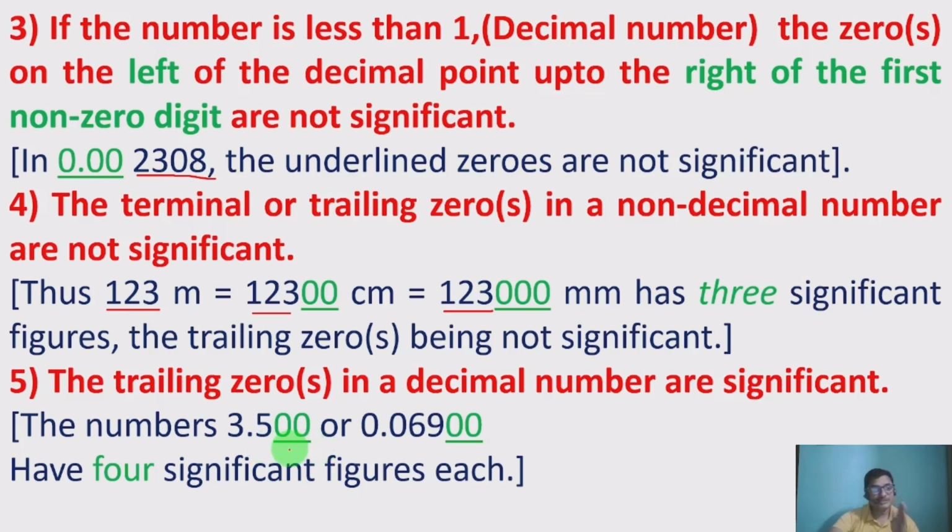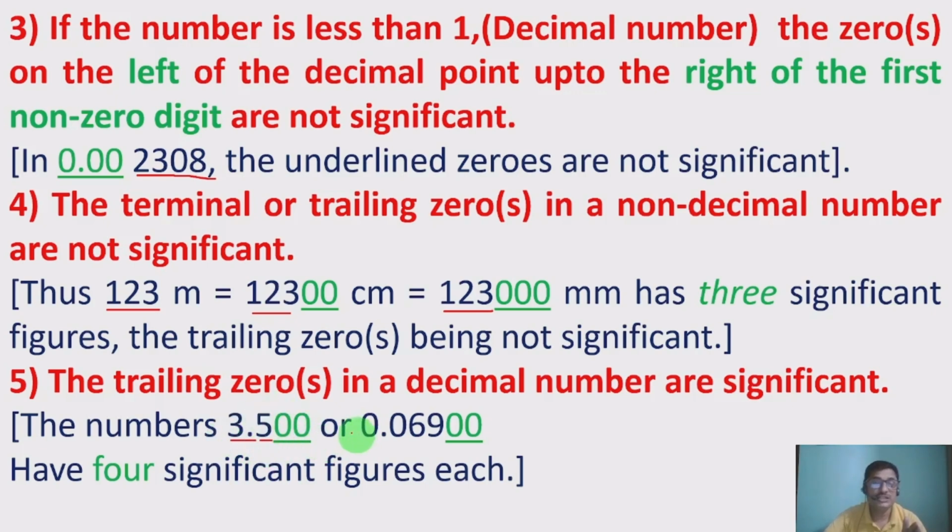Here in the decimal number, these zeros may not be 0, the 5 may be a certain value, and that's why these values are uncertain and may have different values, and that should be taken into the significant numbers. And that's why here the significant digits are 3, 5 which are non-zero, and the trailing zeros in this one are significant.